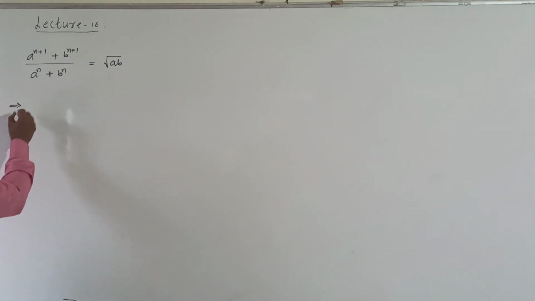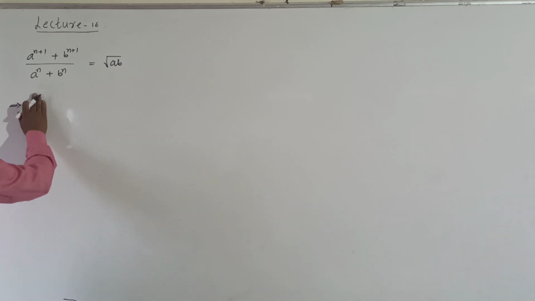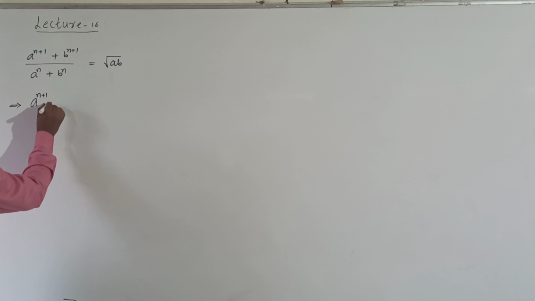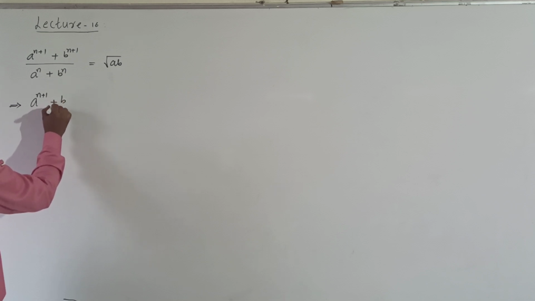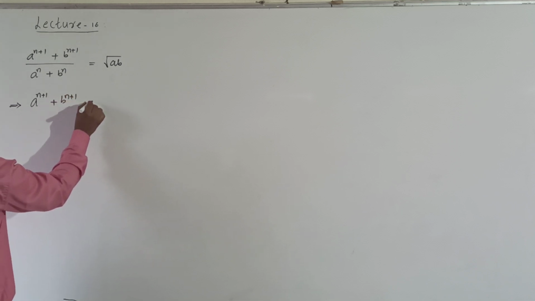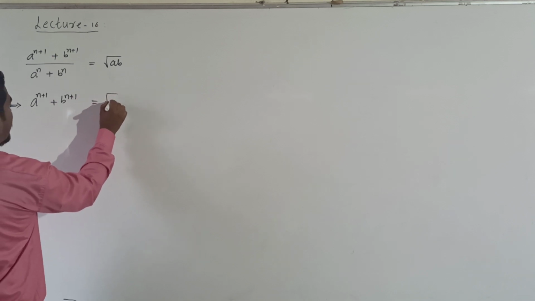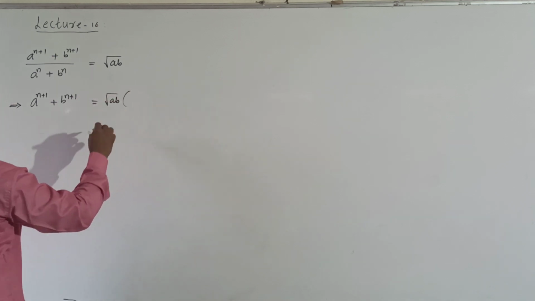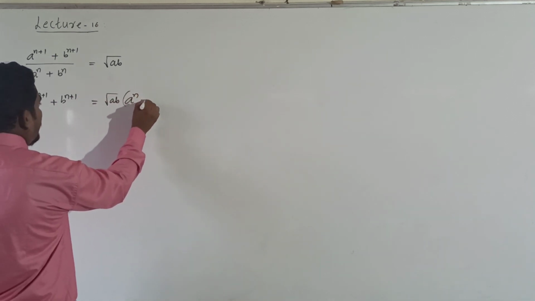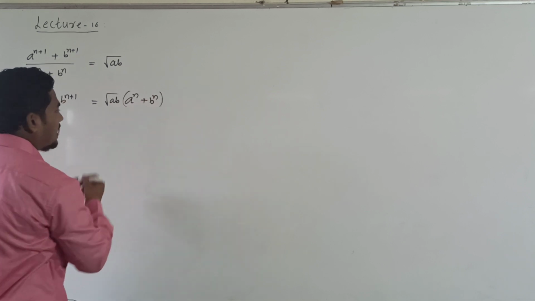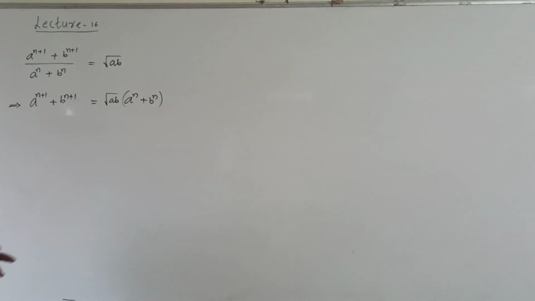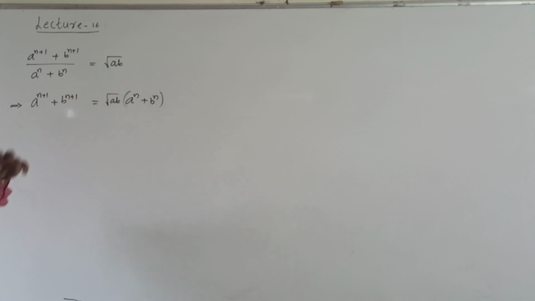After that, just cross multiply the denominator expression. a^(n+1) + b^(n+1) is equal to square root of AB into (a^n + b^n). Just cross multiplication of the denominator expression.